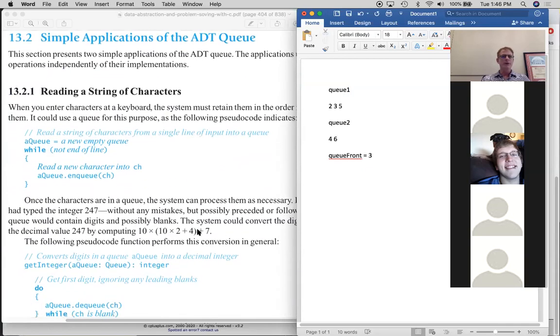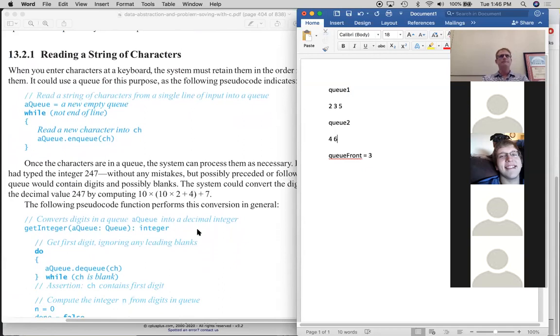One of the major applications of queues that probably most computer scientists think of right away is doing a simulation. For example, in the assignment that you guys are going to be working on this week, you're going to be doing a simulation about people arriving at a bank, getting in line, being served by the teller, and then leaving.